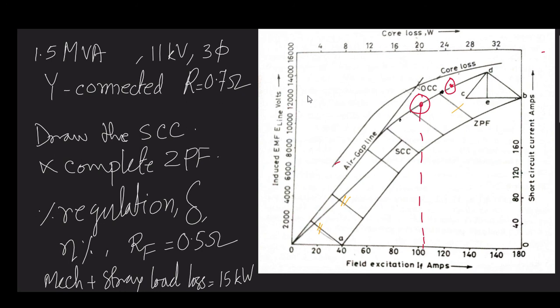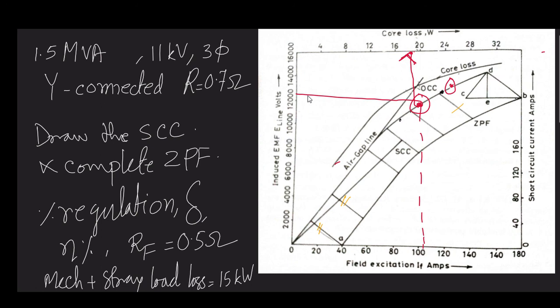Like how you should figure it out? Still I am getting a higher value. Probably they have not taken the data correctly.